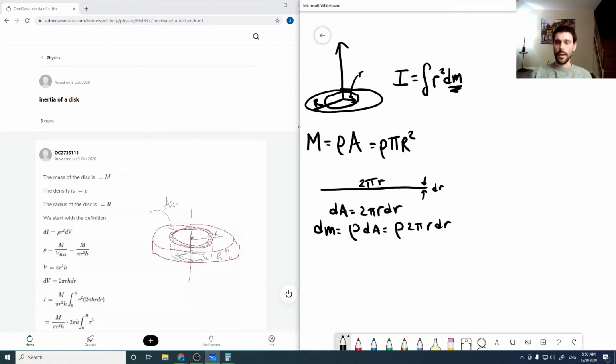And so now we have everything in place to plug into our moment of inertia equation. So r squared dm, which is then the integral of r squared rho 2 pi r dr from 0 to r.